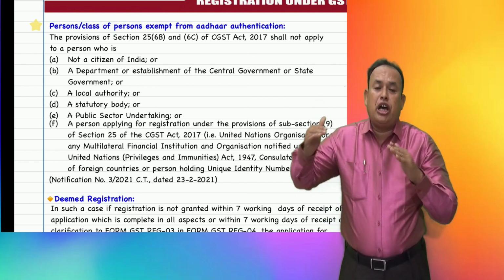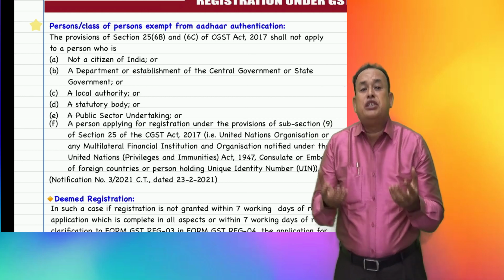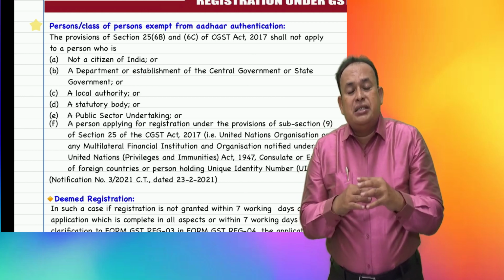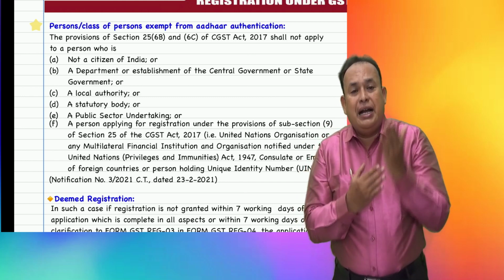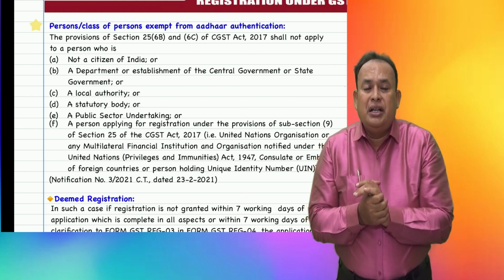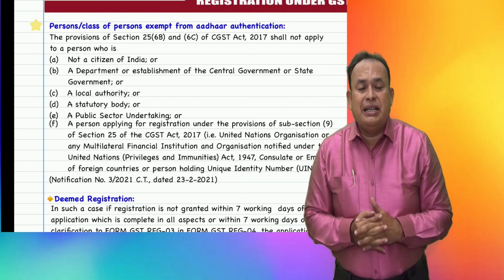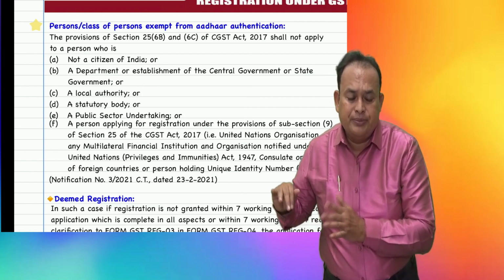Now from 1st January 2022 onwards, it is mandatory. Therefore, a registered person already holding a certificate of registration is required to apply for Aadhaar, and an enrollment slip should be provided. Thereafter, within 30 days of obtaining the Aadhaar number, it should be authenticated on the GST portal.